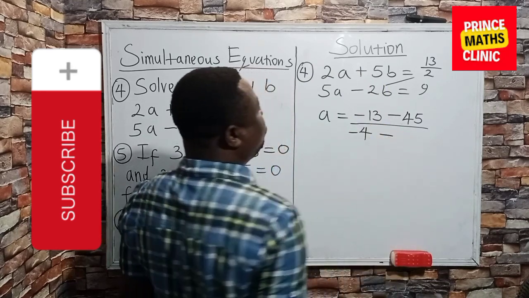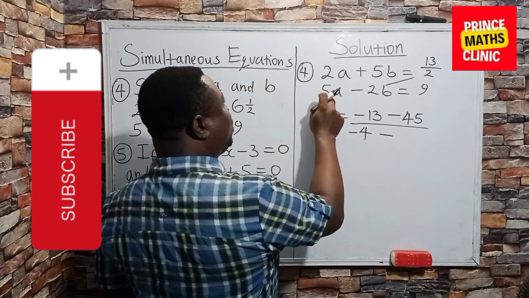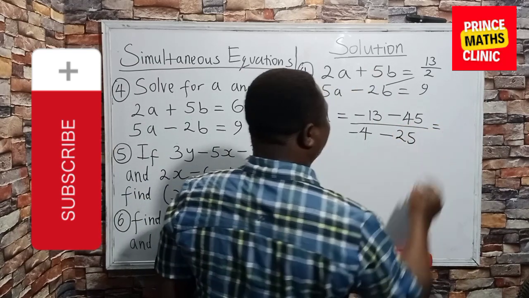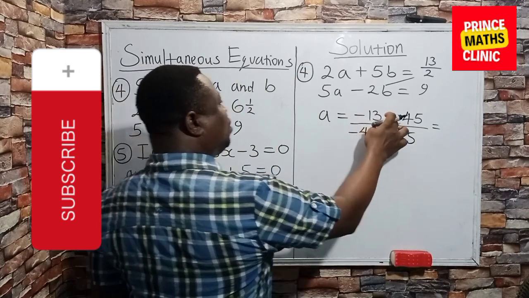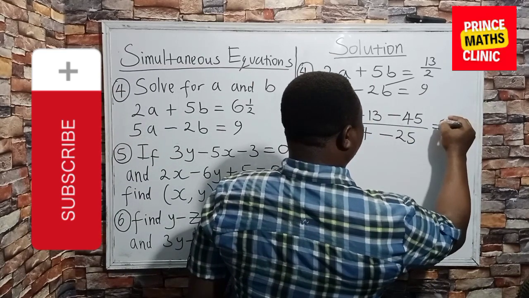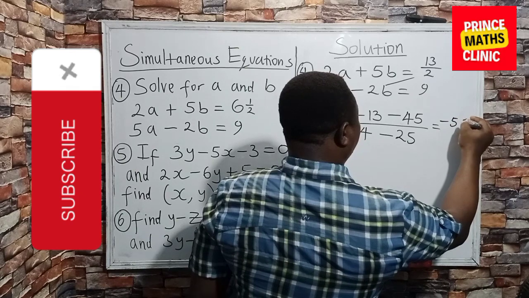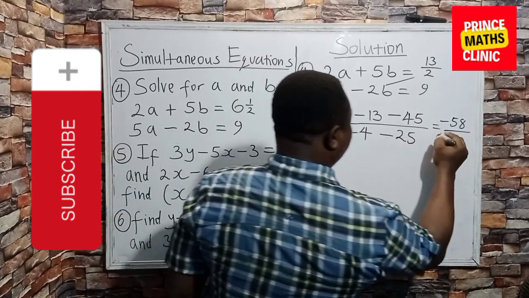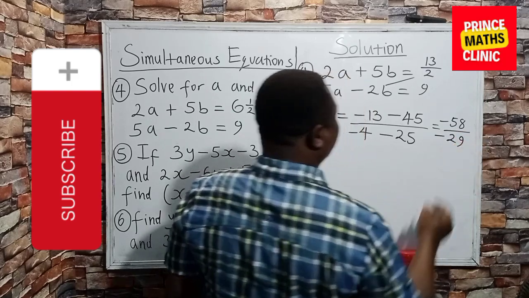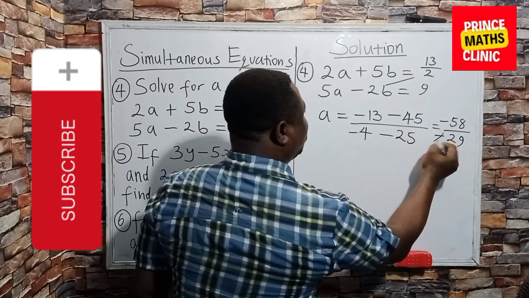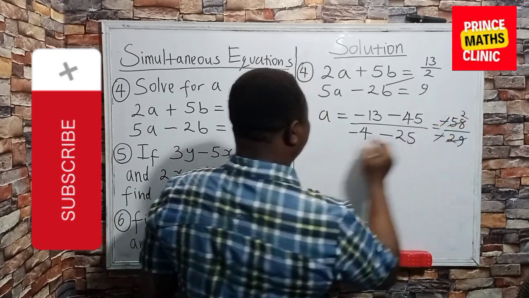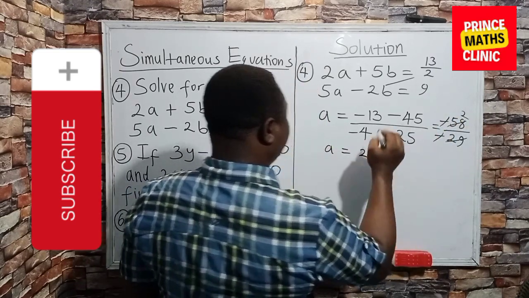Then minus in the middle again. Then you have positive 5 times 5, which is 25. Then this altogether is negative 58. Then this and this is negative 29. Minus, we take out minus. 29 can go in 58 2 times, so A is 2.